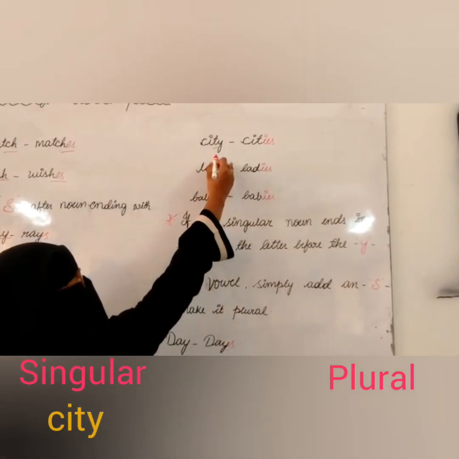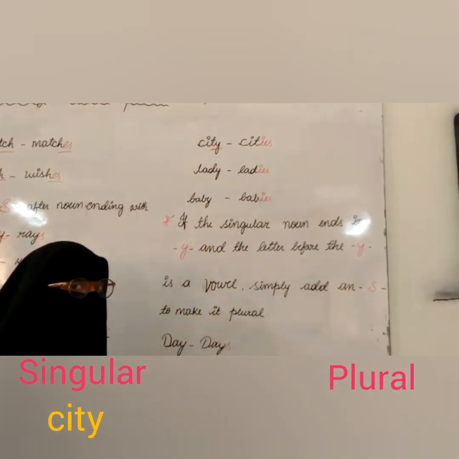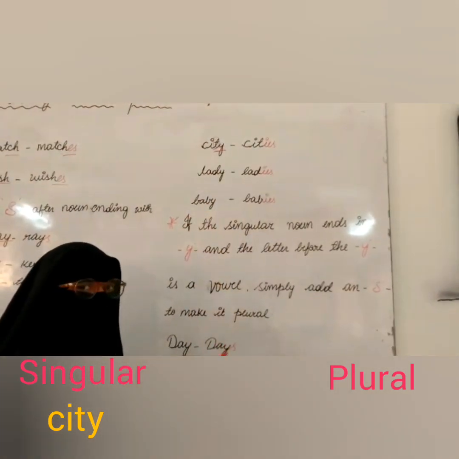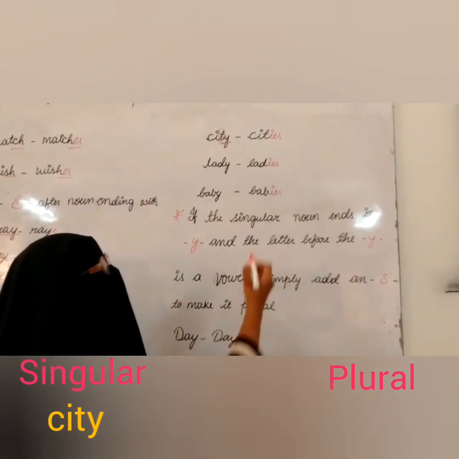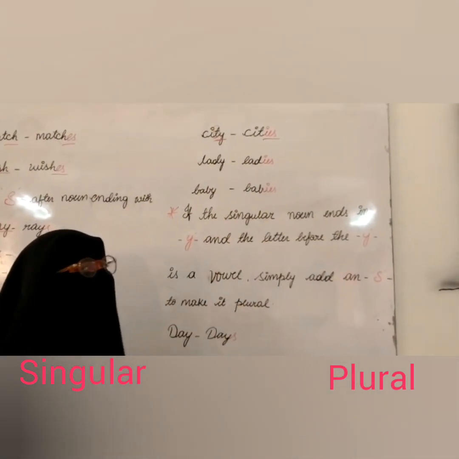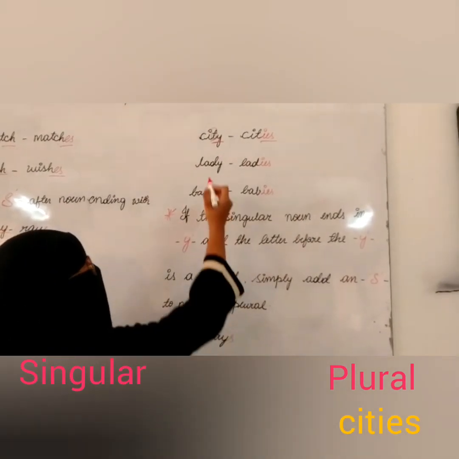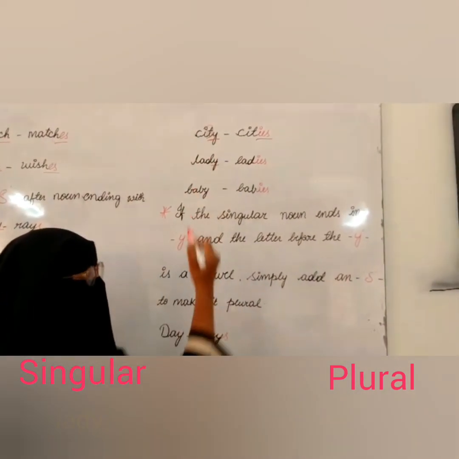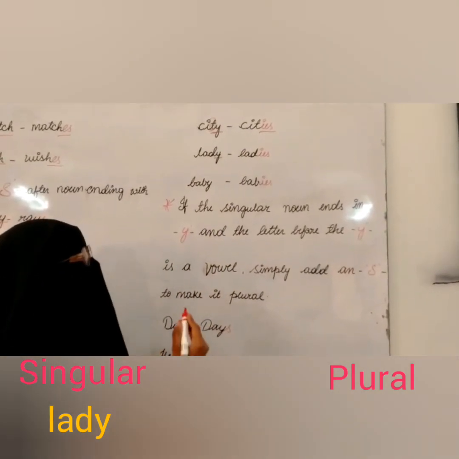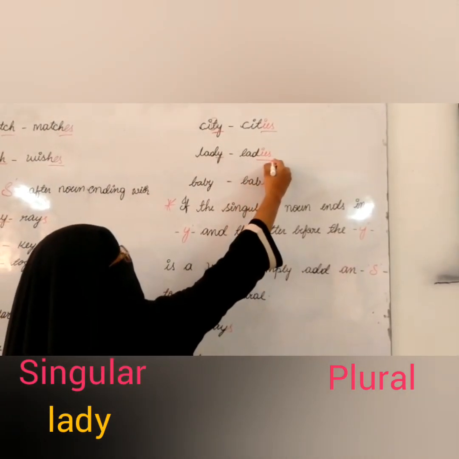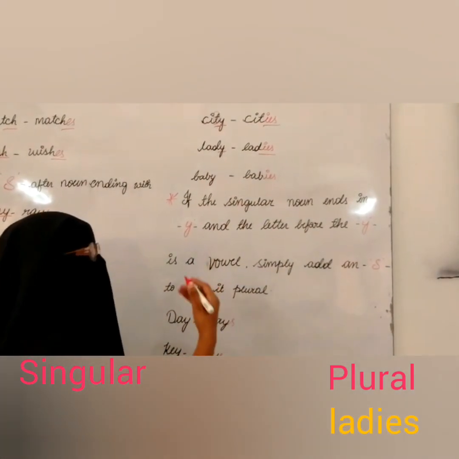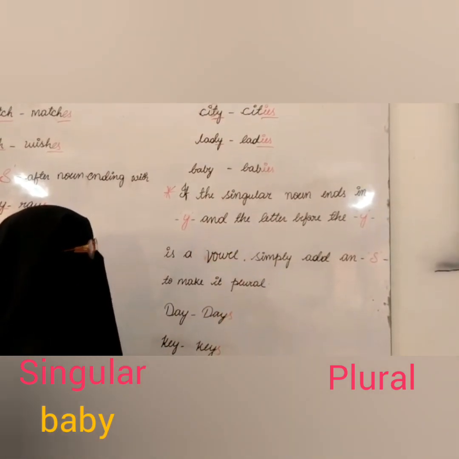Observe the word city ending with the letter Y and the letter before the Y is a consonant, so we have to add IES to make it plural. Then city becomes cities. Like this, the word lady ends with the letter Y and the letter before the Y is a consonant, so we have to add IES to make it plural. Then lady becomes ladies. Like this, baby becomes babies.